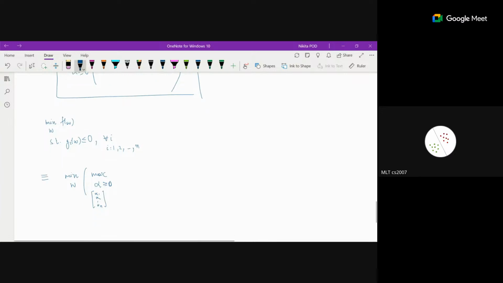And what we will say is that my alpha 1 is greater than or equal to 0, alpha 2 is greater than or equal to 0, until alpha n is also greater than or equal to 0. So this is what we mean by alpha greater than 0 over here. So max over alpha greater than 0 of f of w plus alpha 1 g1 of w, and so on till alpha n gn of w. All right, this is what we have.